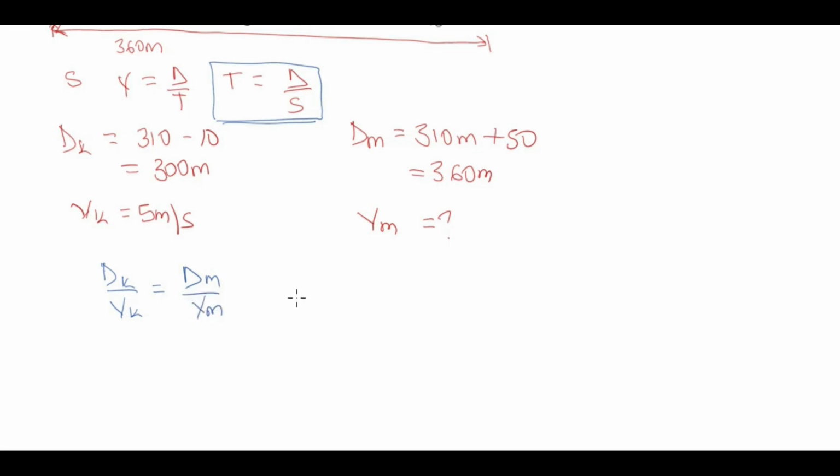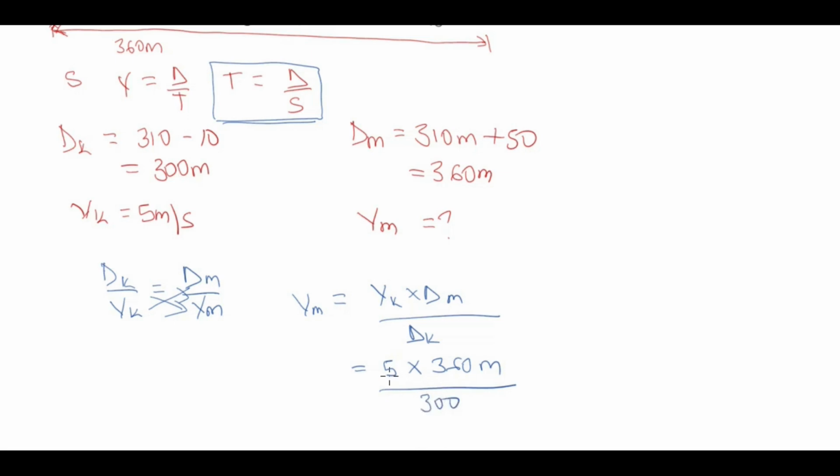So speed of Mutunga, which we are being asked, is equals to cross multiplication of these two, is equals to speed of Kcse times distance of Mutunga over distance for Kcse, which is equals to 5 meters per second times 360 meters over distance for Kcse. Distance for Kcse is 300.